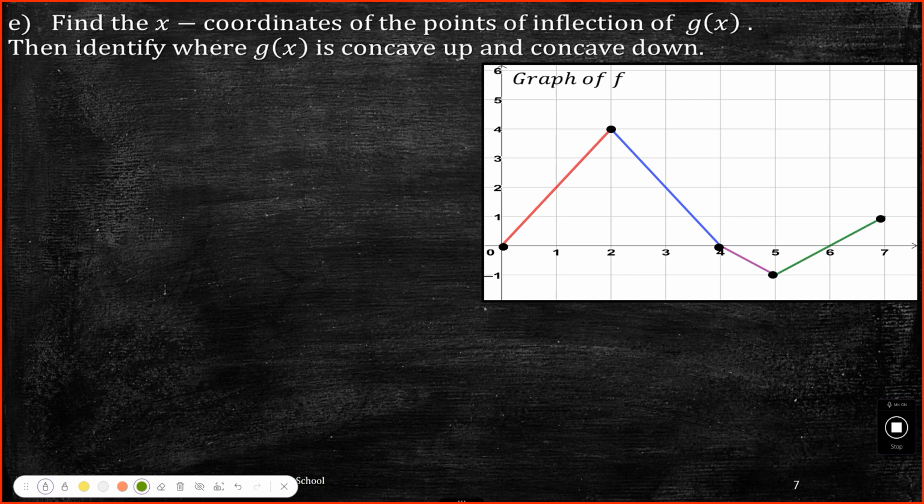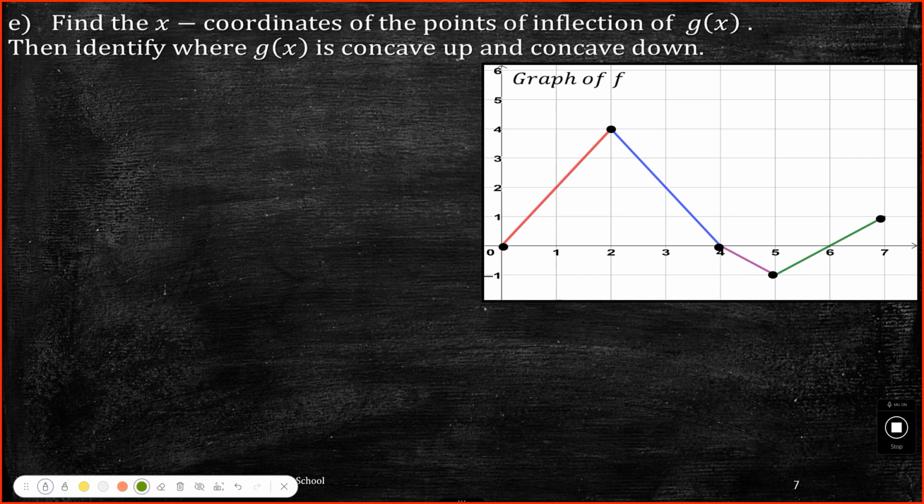Because f prime of x changes signs. Yes, it has to change signs. That is correct. Would this be a candidate? It wouldn't be a candidate because it doesn't change signs.